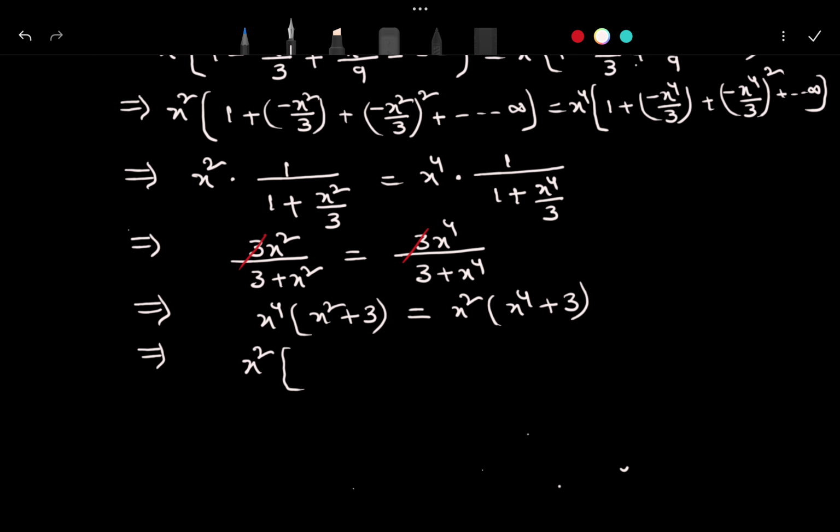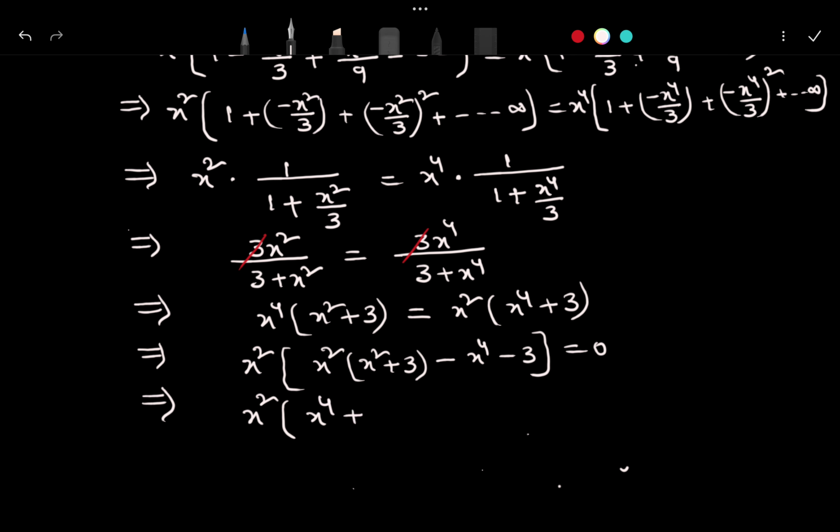If you take x square as common, x square into x square plus 3, minus x to the power of 4 minus 3 is equal to 0. So now you simplify inside the bracket, it becomes x square into x to the power of 4 plus 3 into x square minus x to the power of 4 minus 3 is equal to 0.